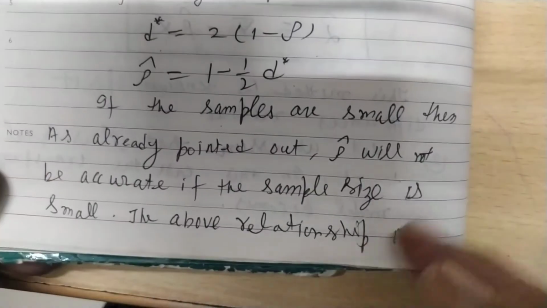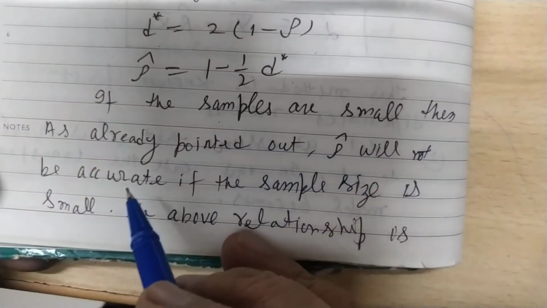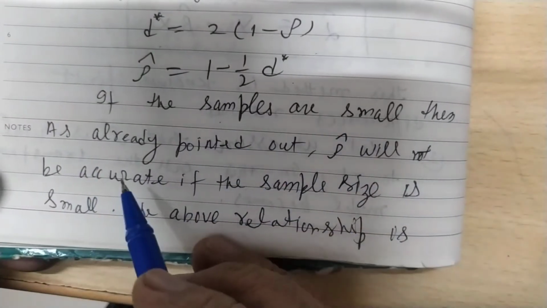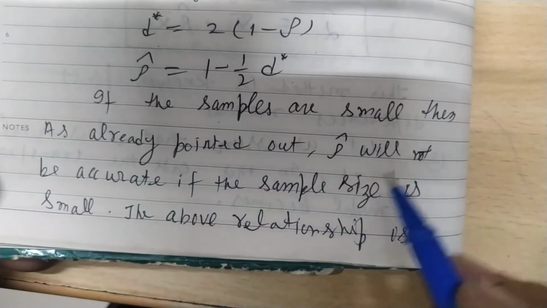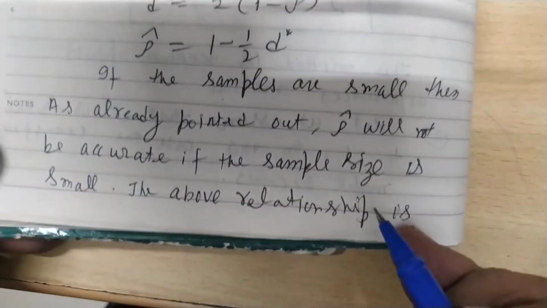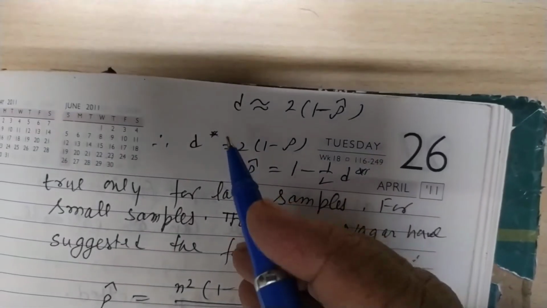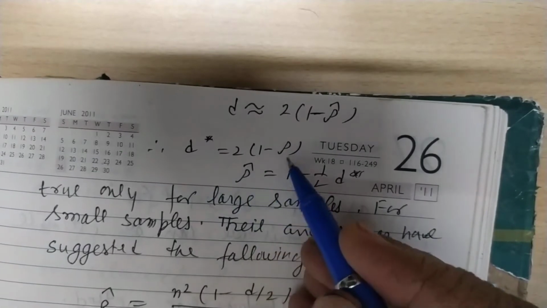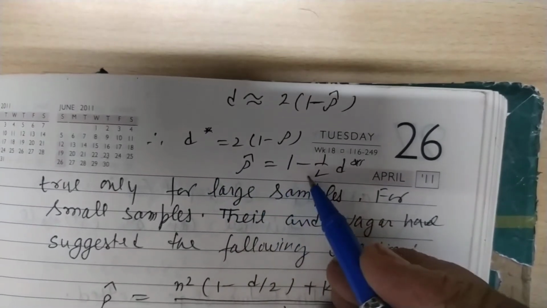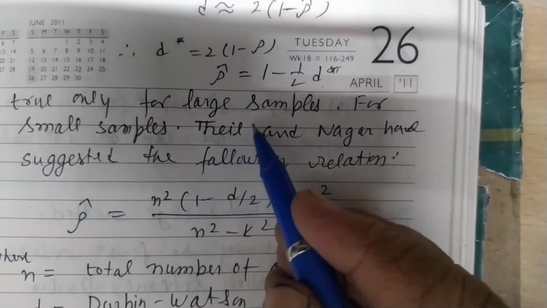If the sample is small, then, as already pointed out, this estimate of rho will not be accurate. The above relationship, d is equal to 2(1 minus rho), and rho is equal to 1 minus d upon 2, is true only for large samples.